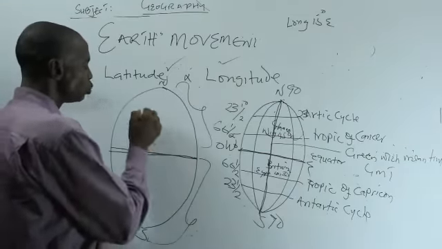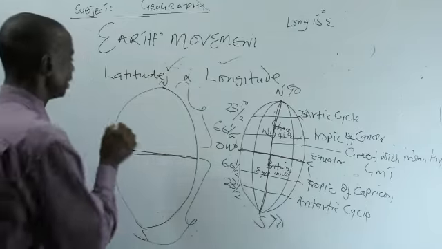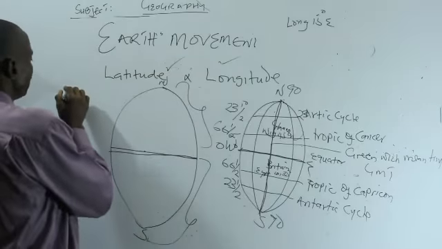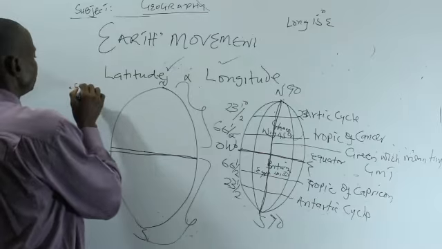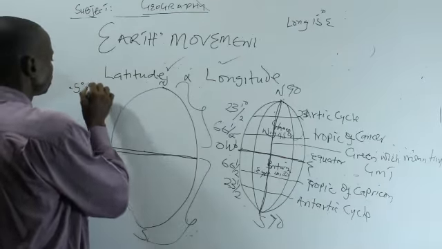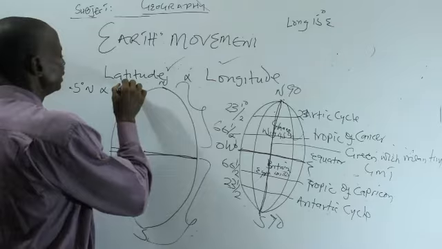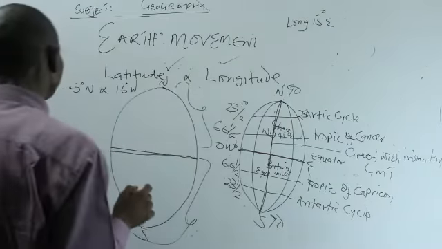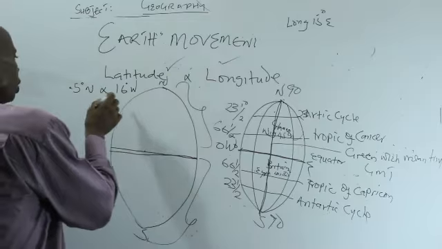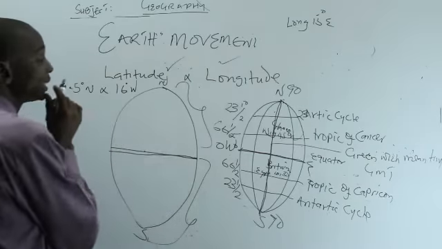If we have two locations in one hemisphere, for instance, a point 5 degrees north and maybe 16 degrees north, what we do is that we subtract 5 from 16.